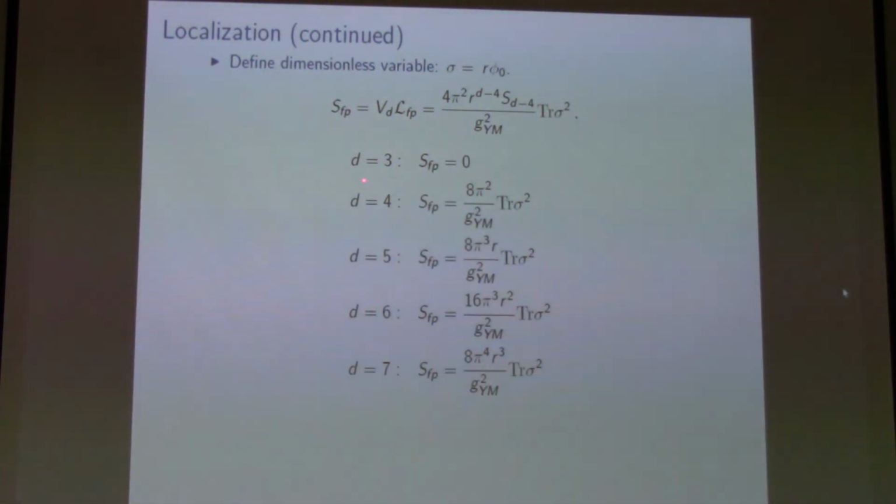It doesn't actually make a contribution. For d equals 4, you get Pestun's result. For d equals 5, this is Zabzine and Kim's result. For d equals 6 and 7, this is our result. You get these results here.